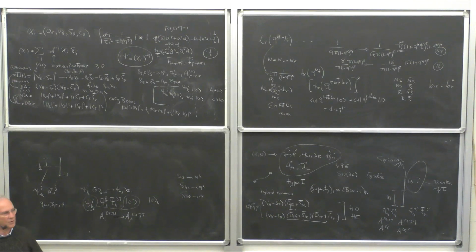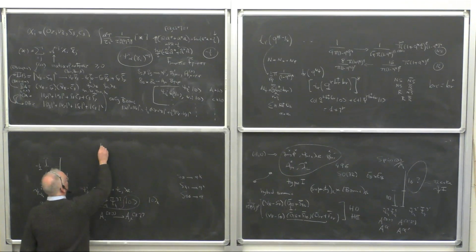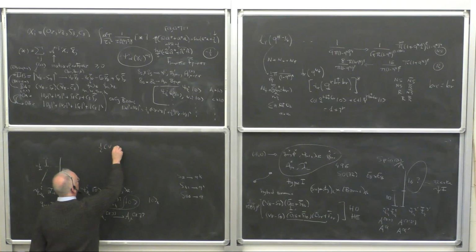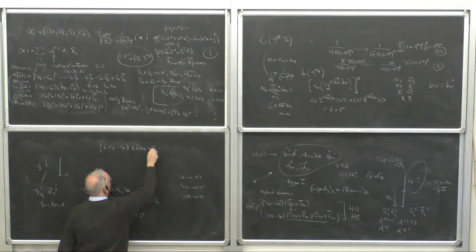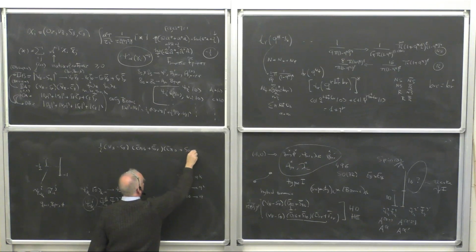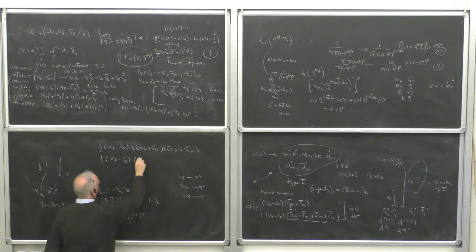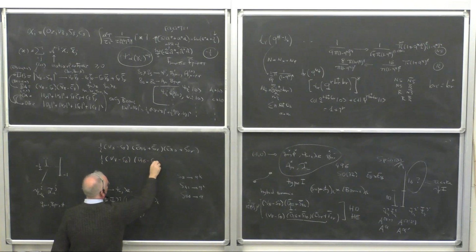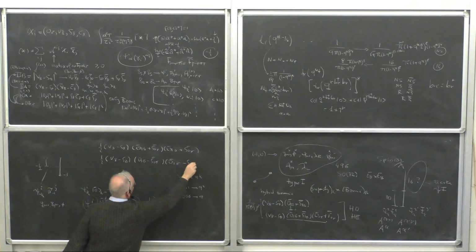I can even tell you what the orbifold projection is. Maybe then you can play with it and try to see if you get it. So you start with this theory. And then the projection is the following. You don't touch the left part. And you project the right part.